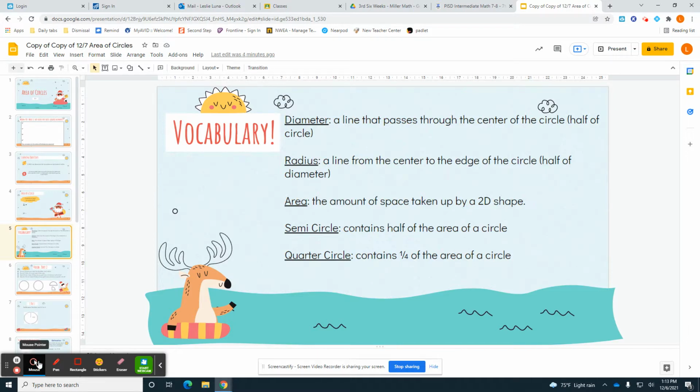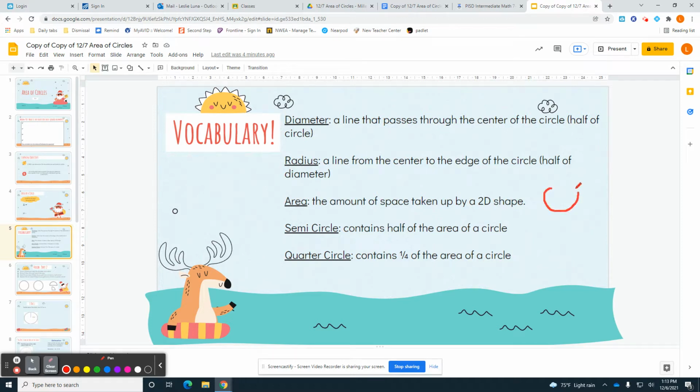So we have our vocabulary, and it is similar to yesterday's. You have diameter, you have radius, like we did yesterday. The only difference is area. Okay, so we have area, and we talked about what area was at the beginning. And so area is the amount of space taken up by a 2D shape.